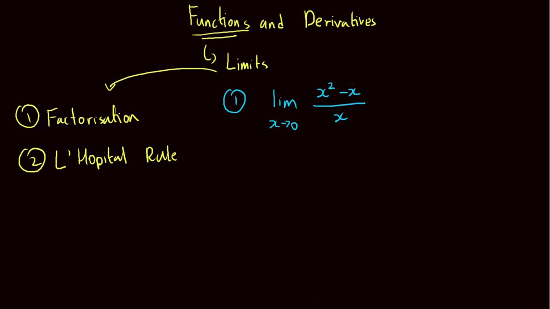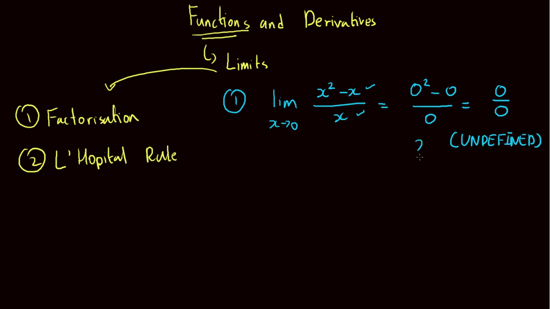There seems to be a bit of a problem when we try to solve the limit normally, because as we put x as 0, we get 0 squared minus 0 over 0. So we get 0 over 0, which is not possible. It's undefined. If you type this on your calculator, this is what you're going to get.